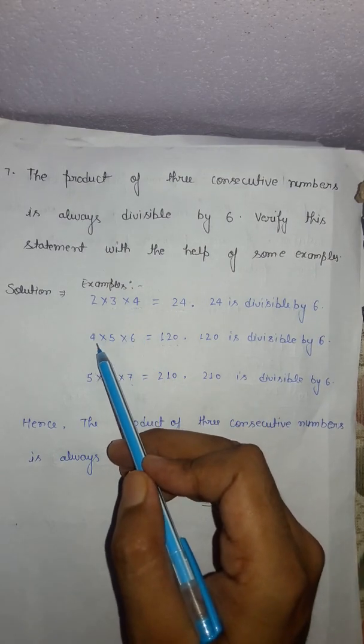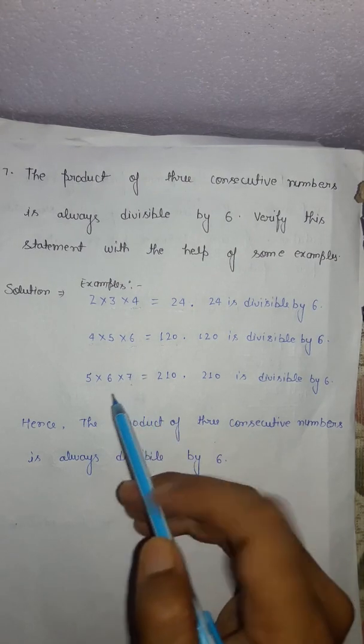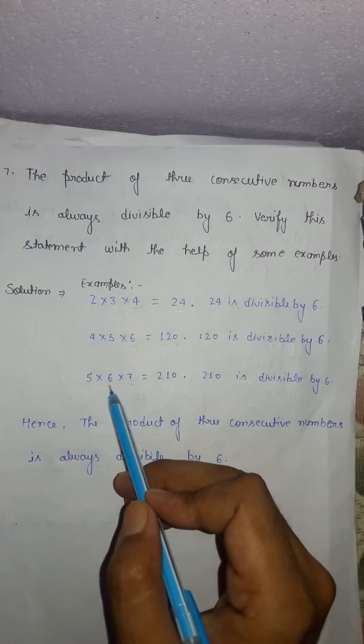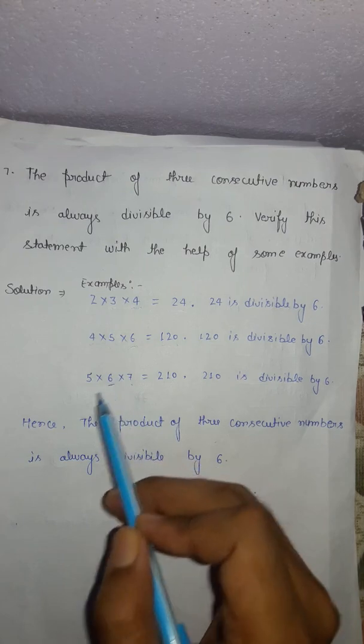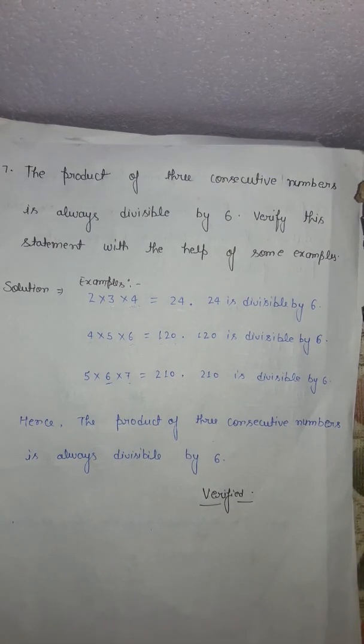So if we take any three consecutive numbers, we get multiples of 2 and 3 in them. And we know that if any number is divisible by 2 and 3, then it will always be divisible by 6. That's why the product of three consecutive numbers is always divisible by 6.